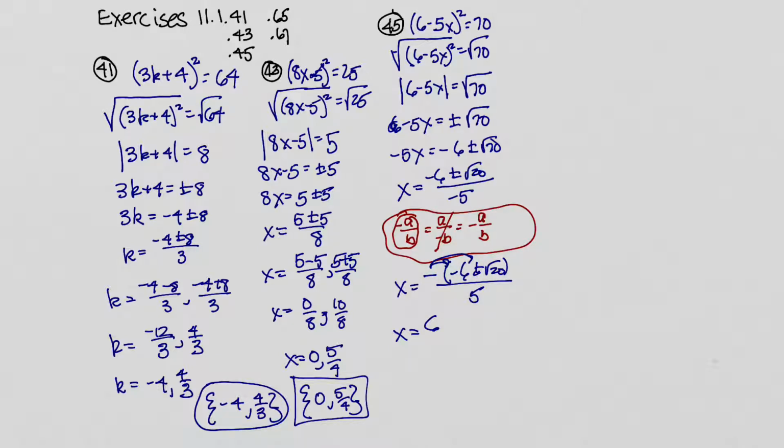So this is still plus or minus square root of, I don't know why I'm writing 20. That's supposed to be a 70 back here. Why didn't somebody say something? 70 all over 5, and I think we're stuck with that. We can't do anything more with that. So here's what we're going to get: 6 minus square root of 70 all over 5, and 6 plus square root of 70 all over 5.